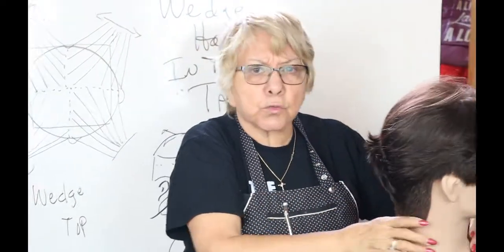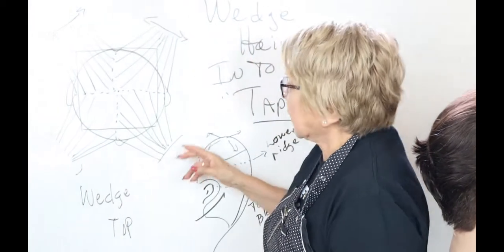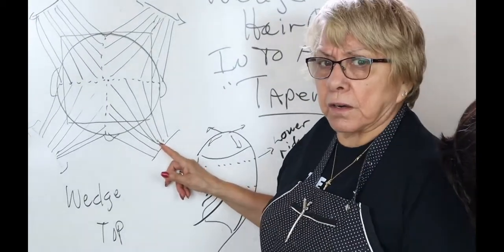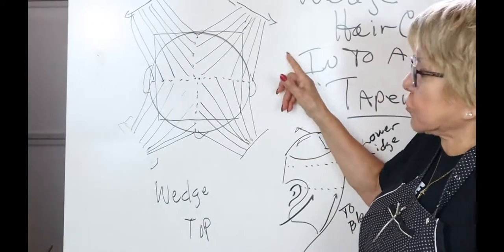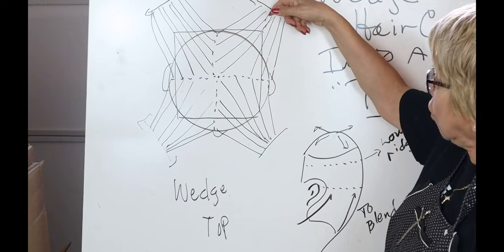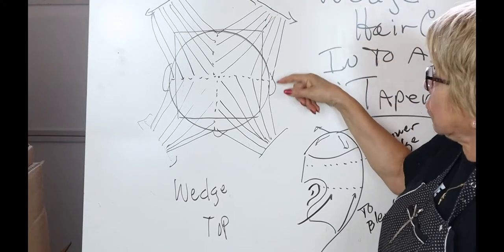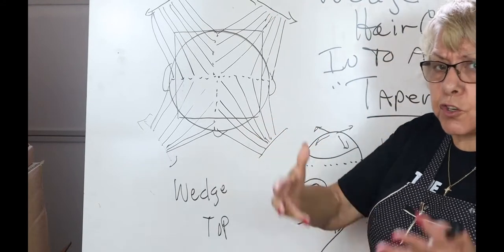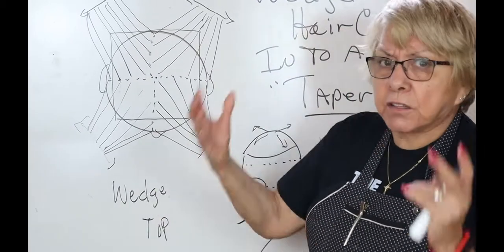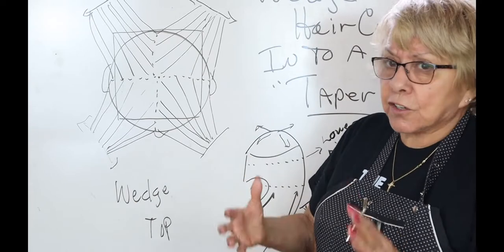Now, what was the rule about shorter hair? Shorter hair moves longer. Do you see why that feathers back? Shorter hair moves longer. So these two help each other to push that hair back. There's all your whys. There's your geometry. There's your architecture. There's all of it.